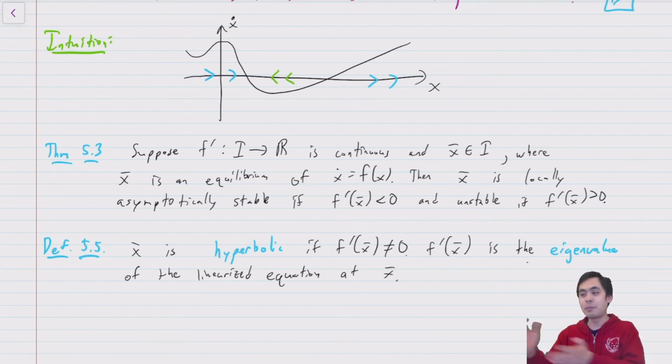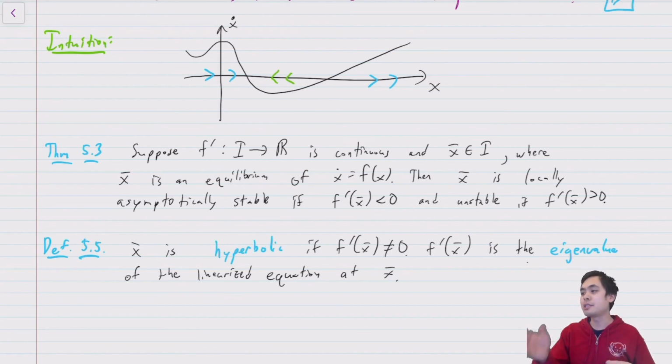This will end up being the Jacobian when we go to higher order systems of differential equations. But for just a single first order differential equation like we have here, the Jacobian matrix is just the first derivative. So the first derivative test is just: if it's less than 0, then it's locally asymptotically stable, and if it's greater than 0, then it's unstable.